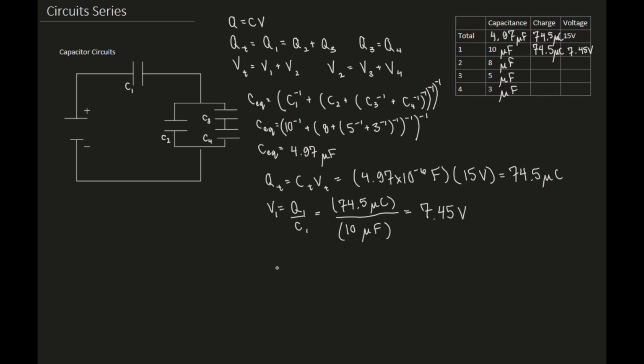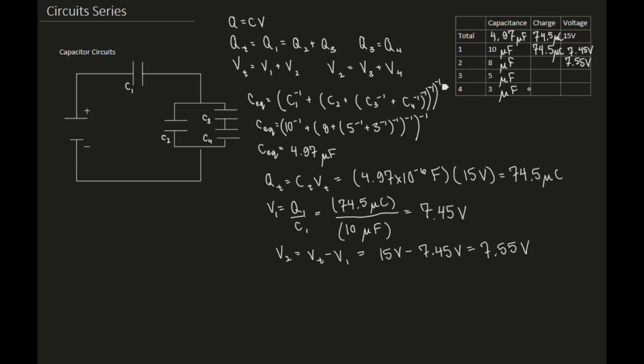I can then use the fact that the total voltage is the sum of the voltages across 1 and 2 to figure out what the voltage across 2 is. So V2 is equal to V total minus V1. That's going to give me 15 volts minus 7.45 volts, and I get 7.55 volts.